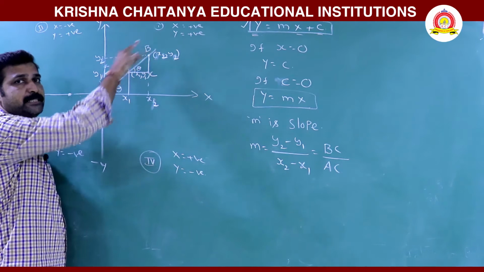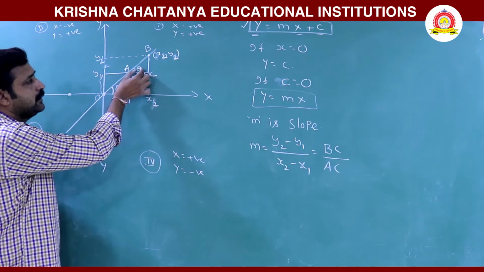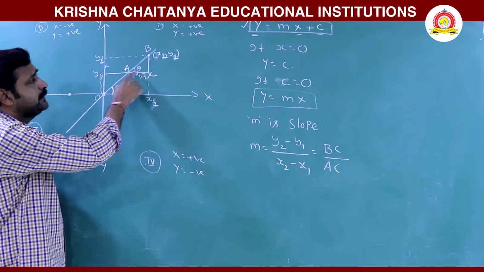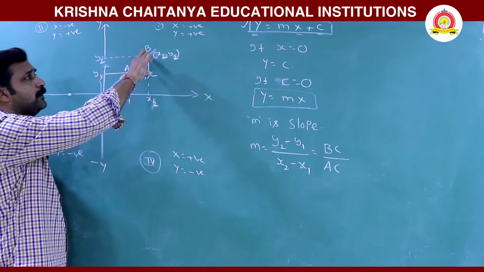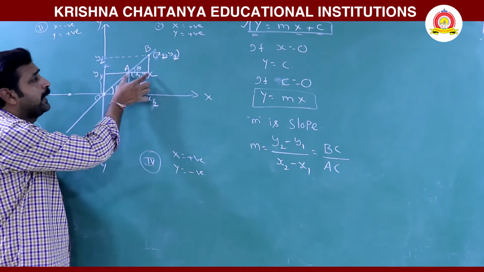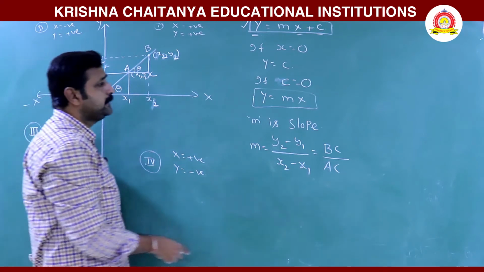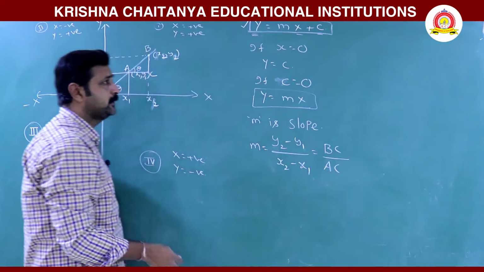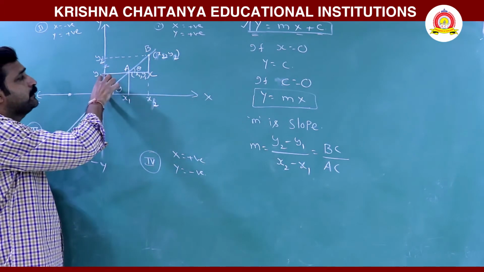Now taking this triangle ABC, tan theta is BC by AC, opposite side by adjacent side. But what is BC by AC? Slope, y2 minus y1 by x2 minus x1, since this is y2, this is y1.